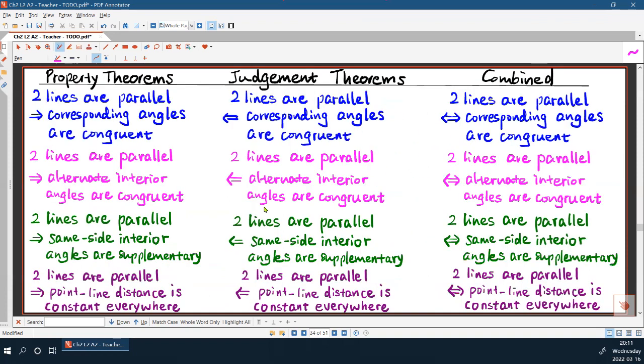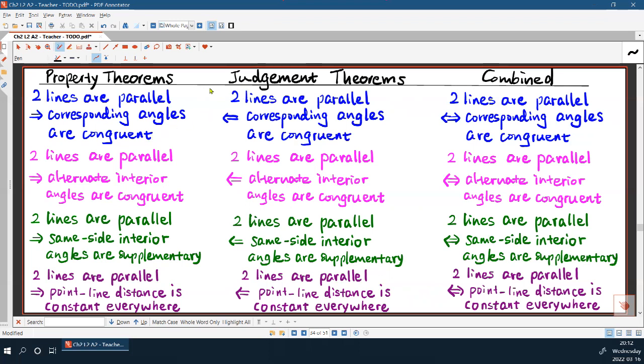Okay, let's then make a summary. Today we have learned 4 property theorems, and then 4 judgment theorems. So let's have a look at them one by one. Property theorem 1 states that if you have 2 lines that are parallel, then you can deduce that the corresponding angles are congruent, right?